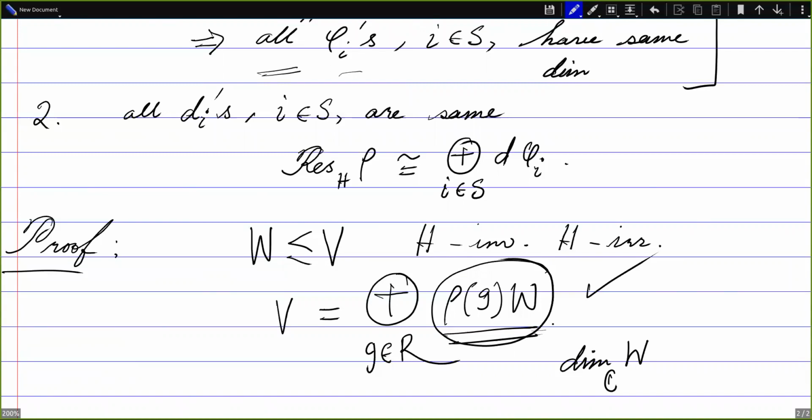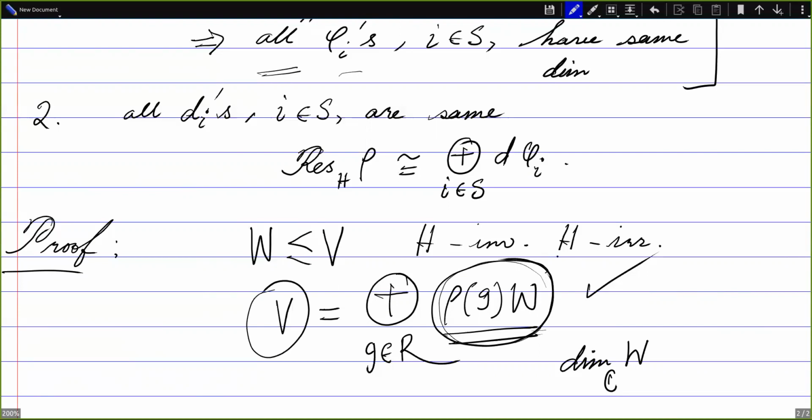So once it happens in one decomposition of V into irreducible subspaces, then it must happen in any decomposition of V, because the reason is very simple. The subrepresentation on each of these summands is isomorphic to some phi i.